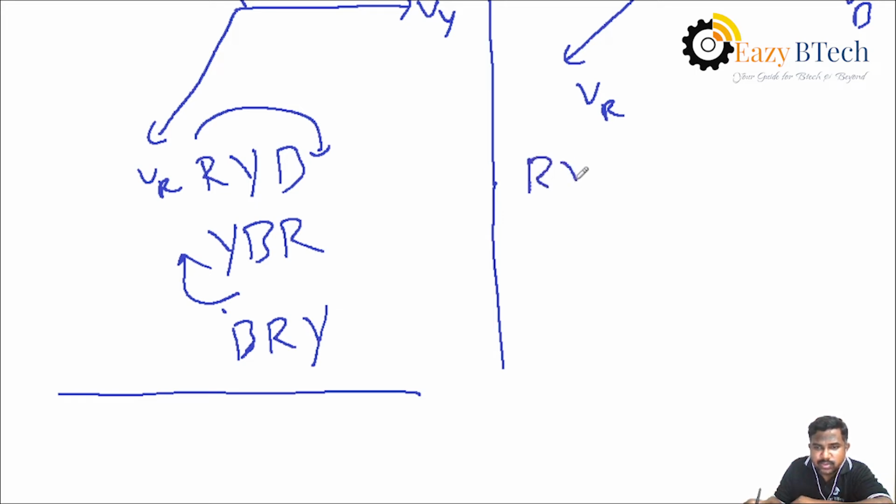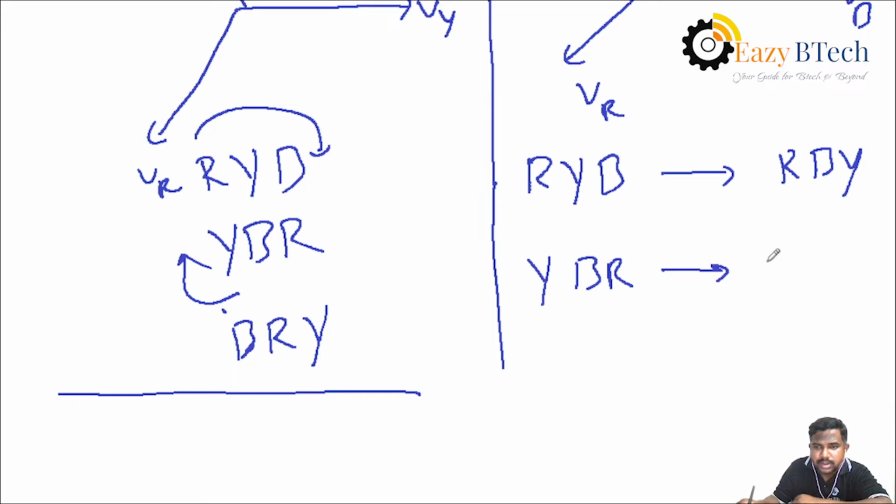That is, suppose the RYB sequence is there, it will be disturbed. That is RBY. Then negative sequence. Suppose the positive sequence is YBR, then the disturbance will be YRB. Then it is a negative sequence.